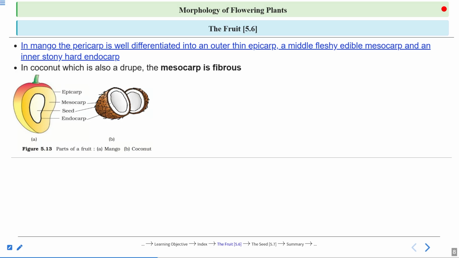Though both are drupe, in the case of mango the mesocarp is edible, whereas in the case of coconut, which is also a drupe, the seed is edible. Or you can say the endosperm is edible. Both are correct. But in the case of mango, the seed is not edible, right?